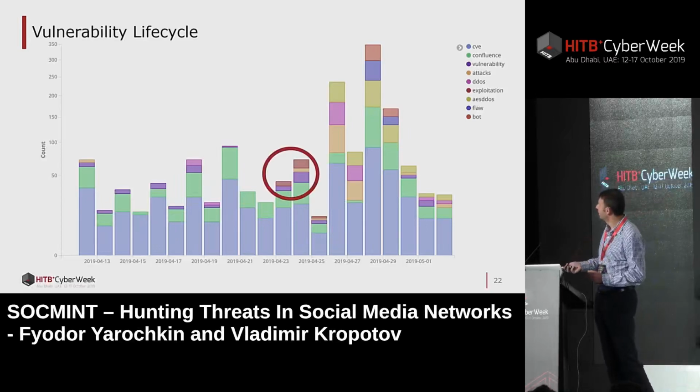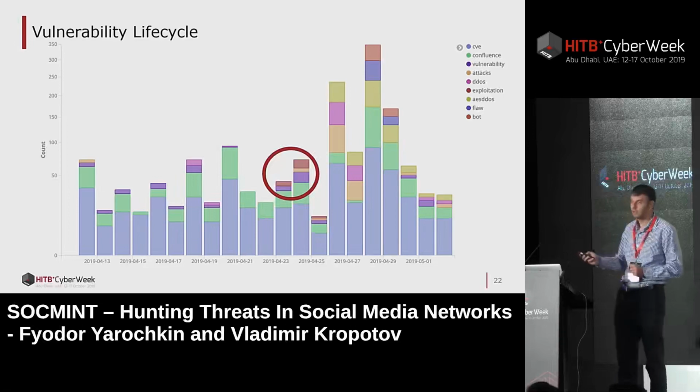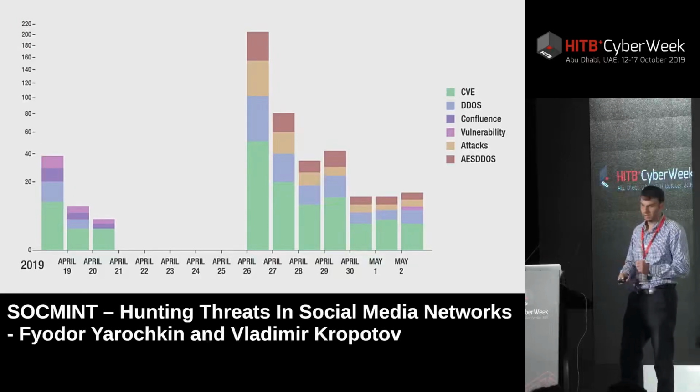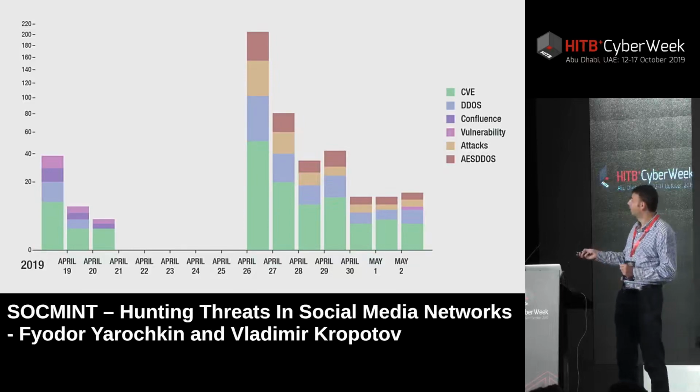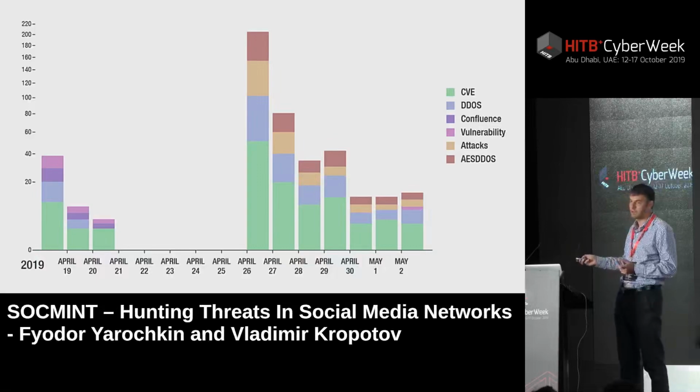Initially it was CVE, vulnerability, and at the end it switched to exploitation, IS-DOS, bots, and attacks. So if you filter some words, you can see that at the beginning it's just discussion of the vulnerability, and then there is the active phase of attacks.